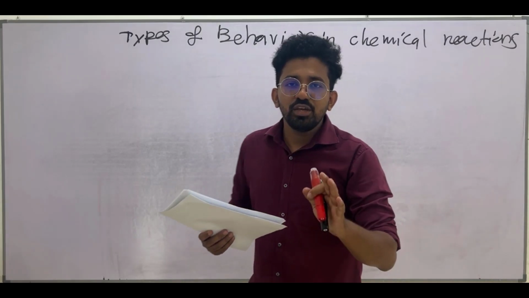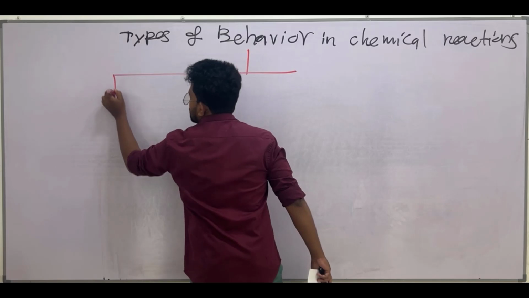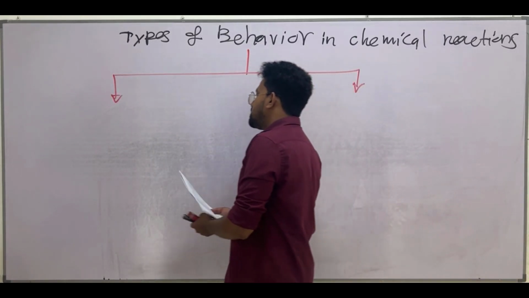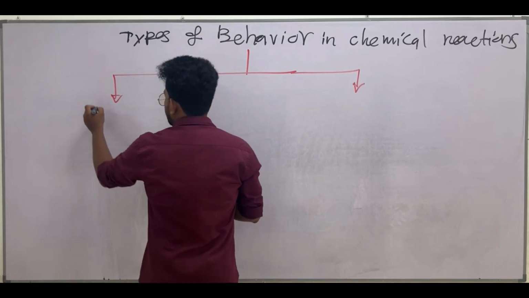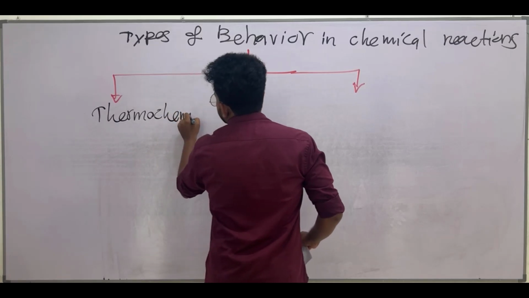Here normally I divide chemical reactions into two types according to their behaviors. The first one is thermochemical behavior.